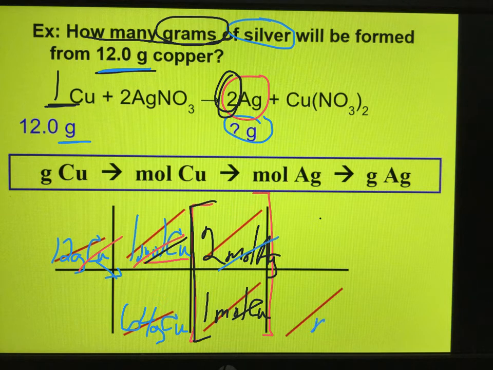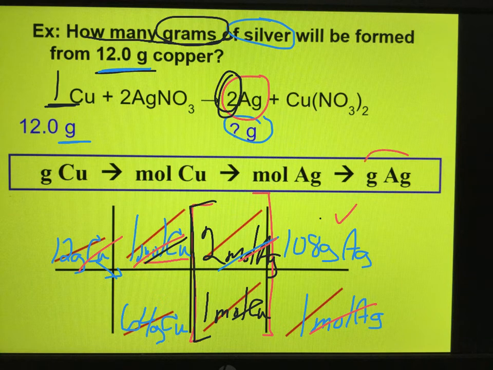To do that, you have to put it at the bottom, a mole of silver. Remember, 1 mole of anything will give you the molar mass of that element or that compound. So now you're going to look at your periodic table, and silver weighs 107.9 grams. So let's go ahead and round that off to 108. Okay. This is going to cancel out that mole, and now you have the unit you want, the grams of silver.